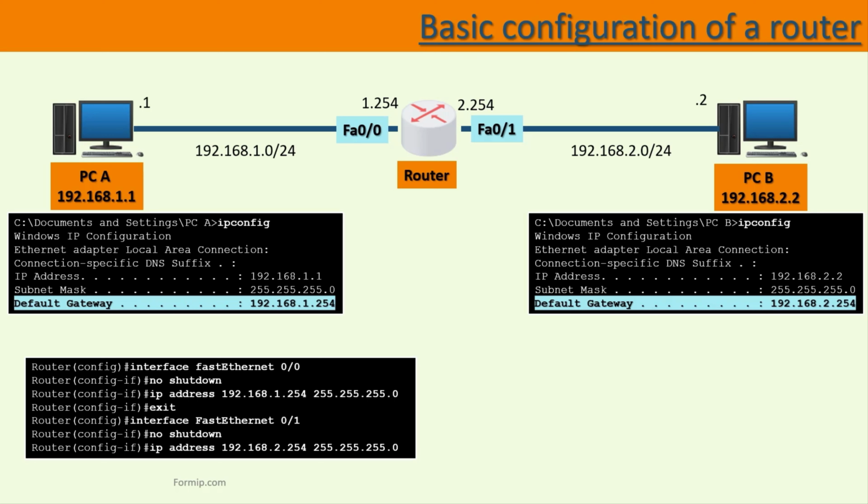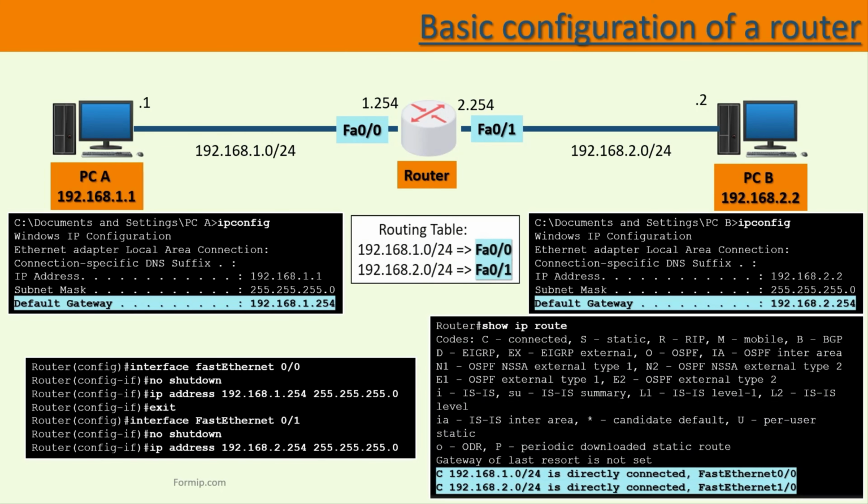Now if we launch the show ip route command on the router, we can see our two networks, 1.0 and 2.0, which are directly connected to it. Let's say PCA wants to communicate with PCB. First, it will prepare an IP packet for 192.168.2.2.